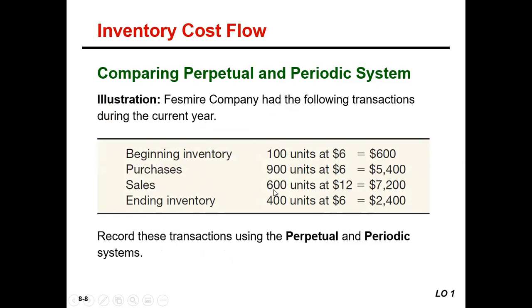So we had 1,000 units available for sale: beginning inventory of 100 plus 900 purchased. And then we have sales of 600 units at $12 each. And then ending inventory: we had 1,000 units and we sold 600.